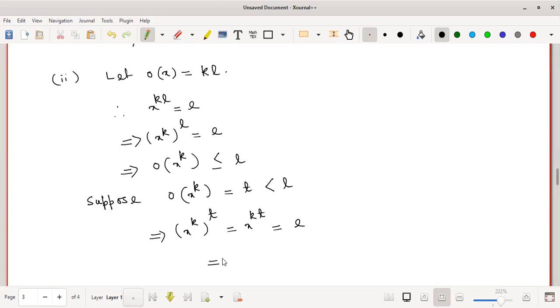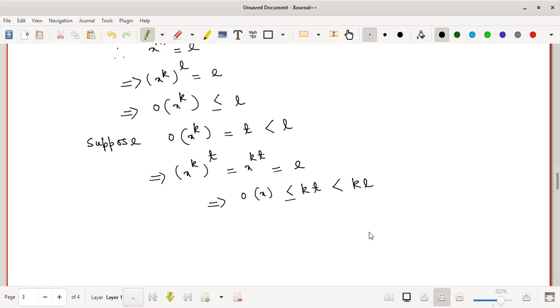This implies the order of x is less than or equal to kt, and kt is strictly less than kL. So is it possible? No, this is a contradiction, because we know that the order of x equals kL. Therefore, the order of x to the power k must be equal to L.